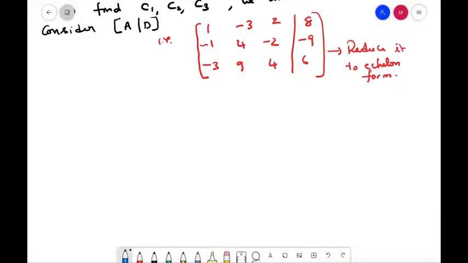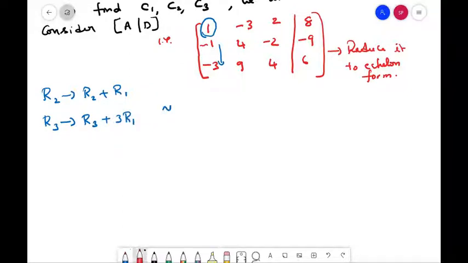So let us use the same procedure. Mark the pivot position, and using this you have to make the entries below it zeros. So what do you apply for R2? R2 plus R1, and for R3, since it is minus 3, if you add 3 times R1, it will be 0.